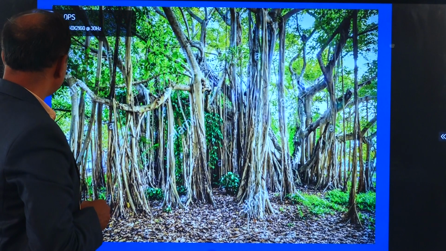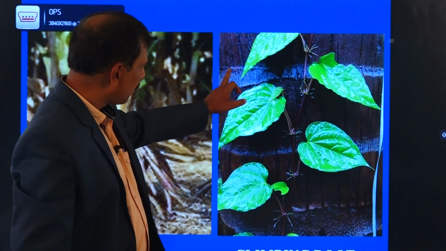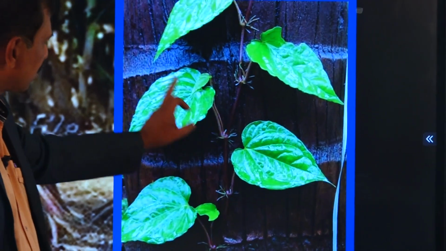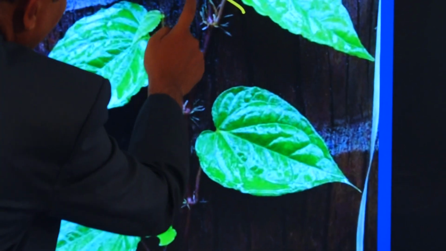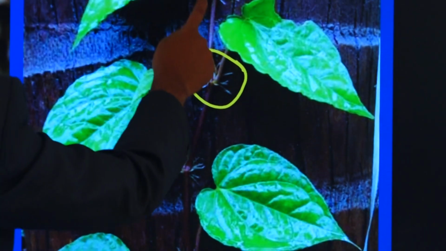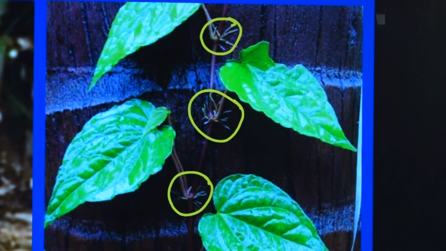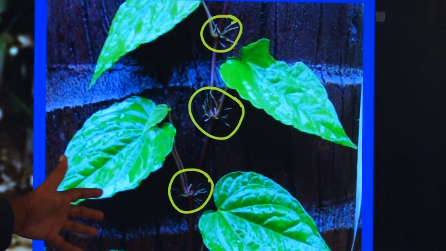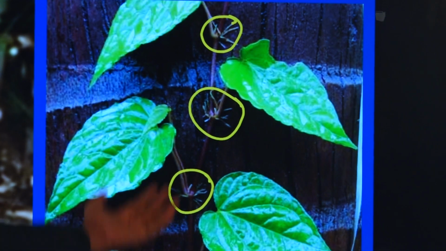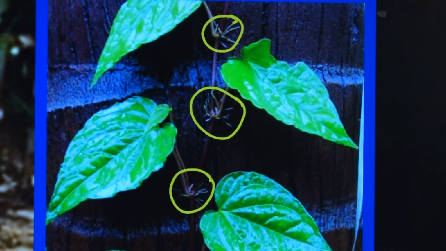This is the betel plant, and this is the coconut plant. The betel plant is attached to the coconut plant by their roots here. These are the climbing roots, small roots. They cling to the surface of the coconut plant, take the support and climb along that plant itself. That is the role of climbing root.